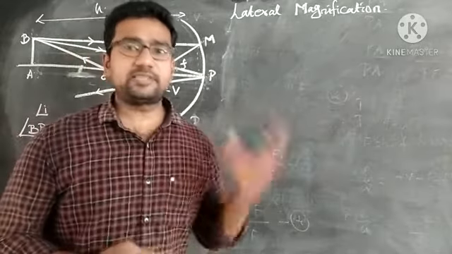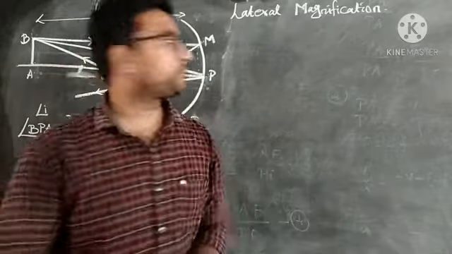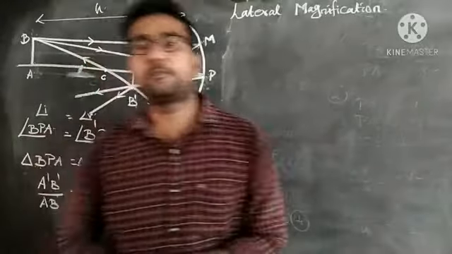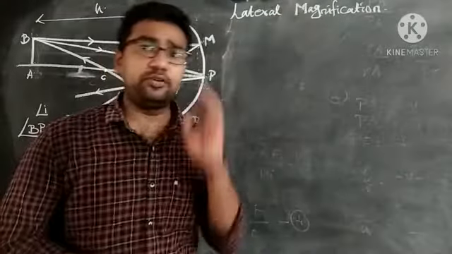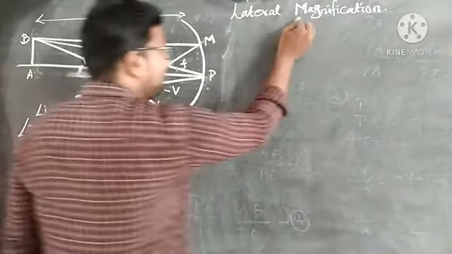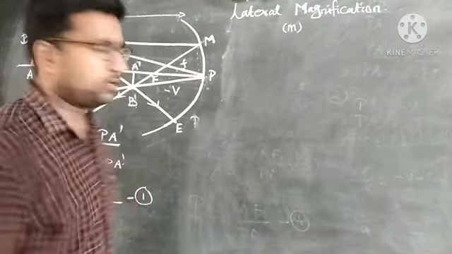Now, let me see the lateral magnification in spherical mirrors. Very important factor. So, what is lateral magnification? How will you define it? The lateral magnification is indicated by the letter small m.